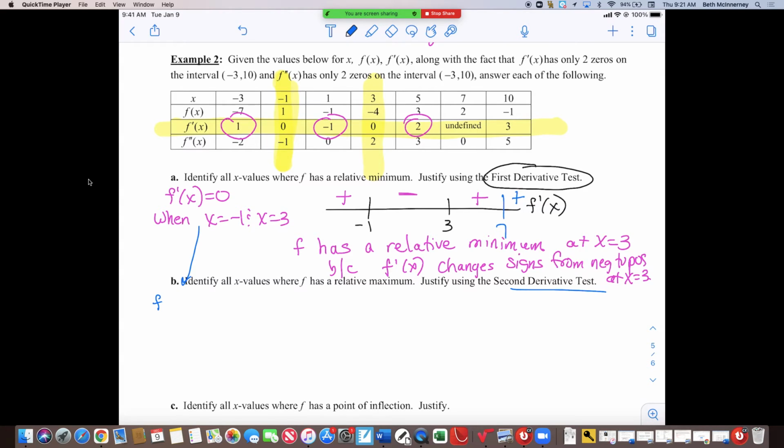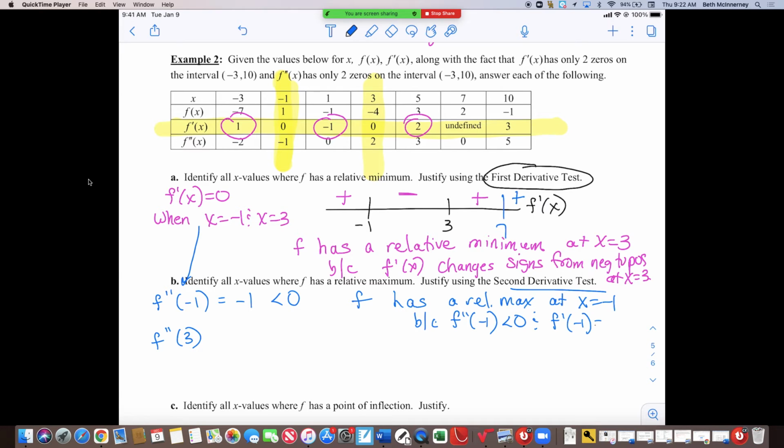So what I'm going to do here is check the signs of f double prime of -1 and f double prime of 3. So I go to my table. f double prime of -1 is -1, which is less than 0. So f has a relative max at x is -1 because f double prime of -1 is negative and f prime of -1 is 0.